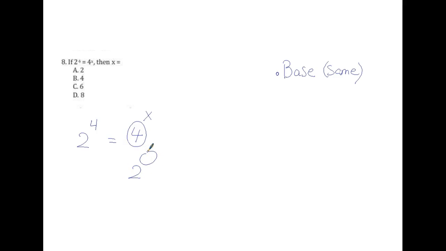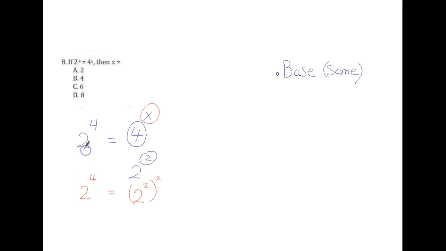Well, yes, we know that 2 squared is a 4. So, I can remove the 4 and make it 2 squared. But I also have x in my power. So 2 squared, all to the power x. This 2 squared, just replacing the 4, is going to equal 2 to the power 4.